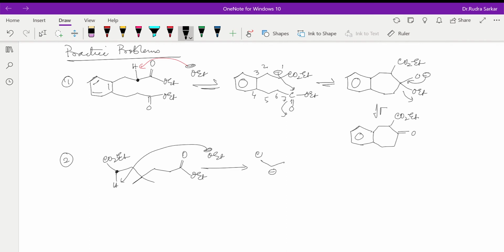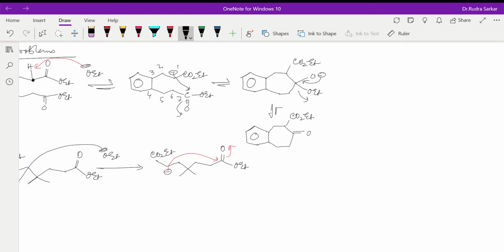Minus is here. OET. Obviously, a mechanical flick attack over here. That opens up. Try to make a ring count: 1, 2, 3, 4, 5, 6. So now we can generate a 6-membered ring.